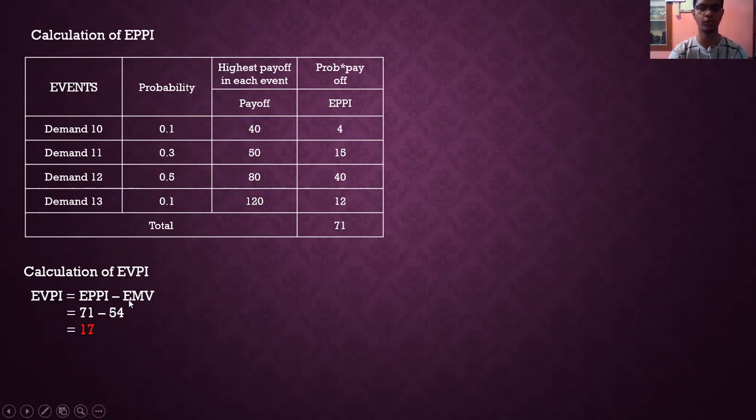So by using this formula, we are able to find out the value for EVPI. So the value for EVPI will be 17 and the value for EPPI will be 71. So these are the four things which we have to find out. First we have to find out the EMV table, EOL table, then EPPI and EVPI.